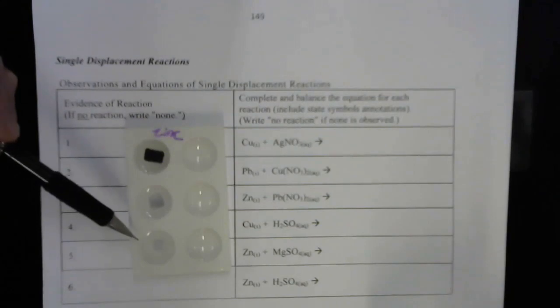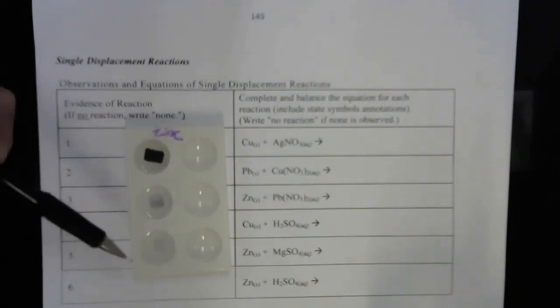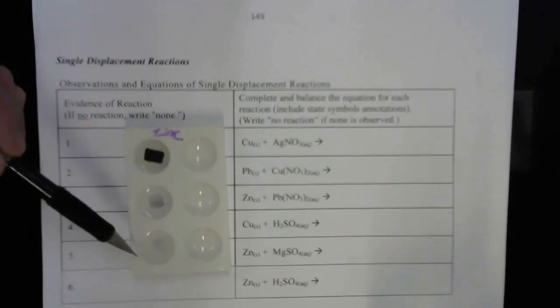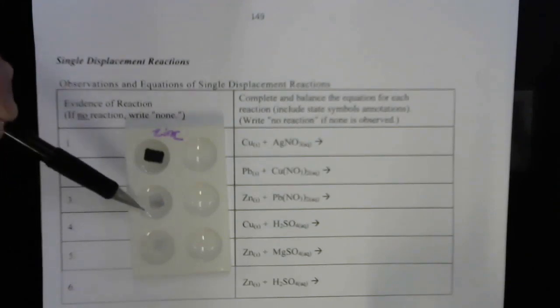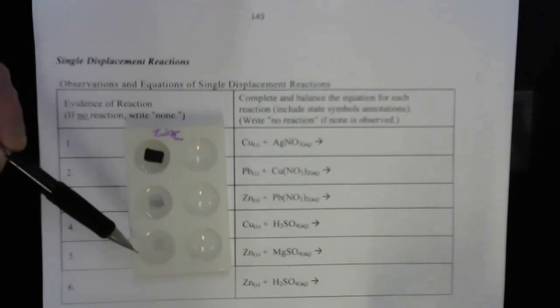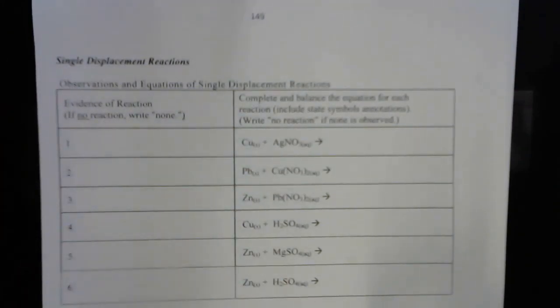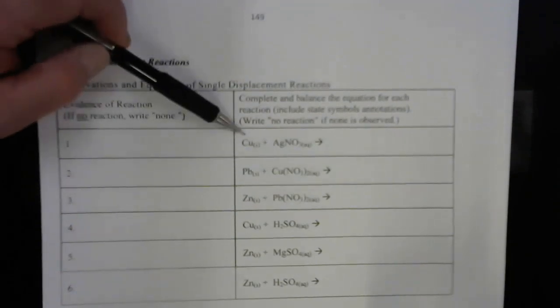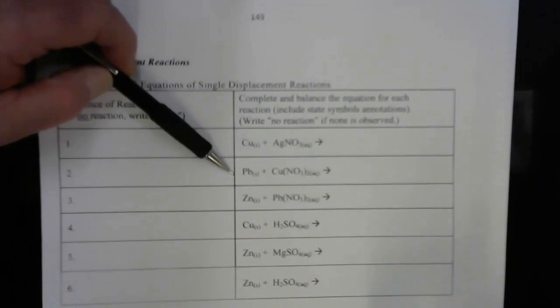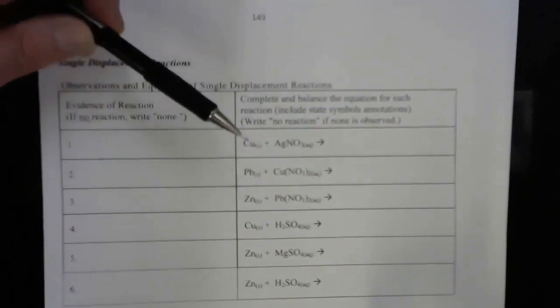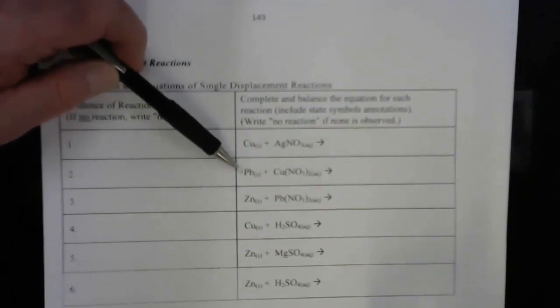When you put the zinc in sulfuric acid, bubbles are forming on the surface of the zinc. Here's normal zinc. Here's the zinc with the bubbles forming on it. So there was clearly evidence of reaction here, right? There was clearly evidence of reaction there.